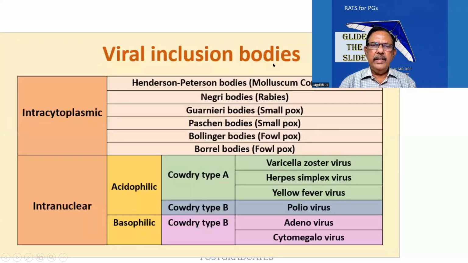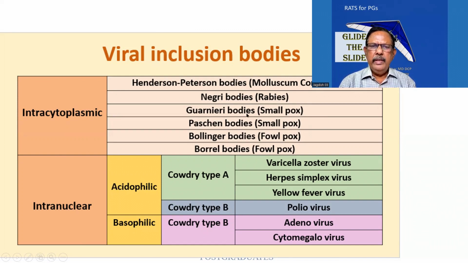Incidentally, there are certain things for us to understand. Viral inclusion bodies. It used to be a question for us, but this is an interesting table that I came across. I would like you people to kindly note it down. It can be intracytoplasmic or intranuclear. Intracytoplasmic: molluscum contagiosum, Henderson-Patterson bodies. Rabies, the Negri bodies.